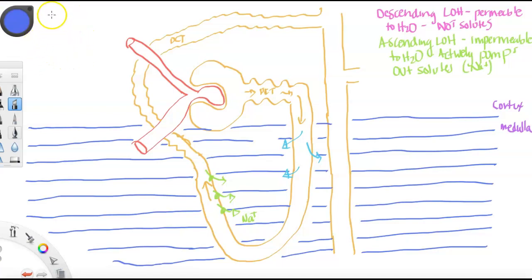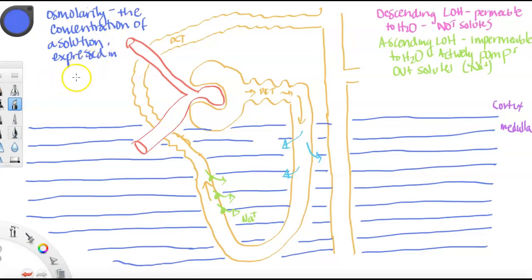So osmolarity is the concentration of a solution and it's expressed in milliosmoles. So osmoles per liter.